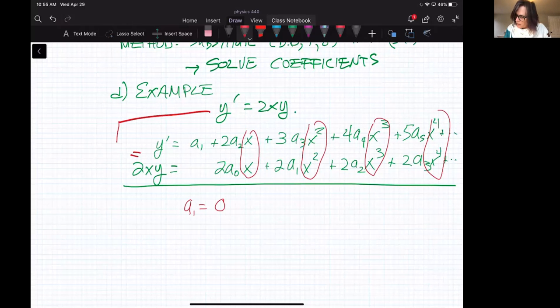All right, what about a2? What can we say about a2? Equal to a naught. Yeah, it's equal to a naught. We can't say anything yet about what its actual value is, but it has to be the same thing as a naught. How about a3?